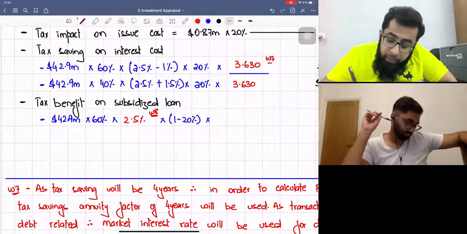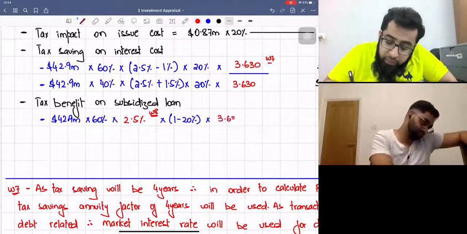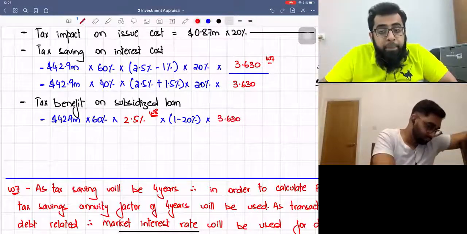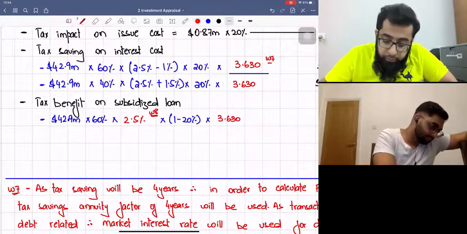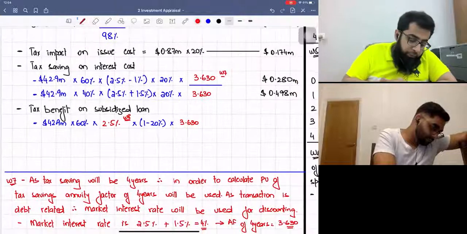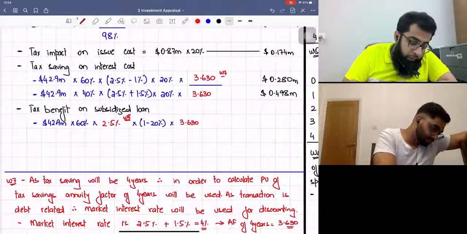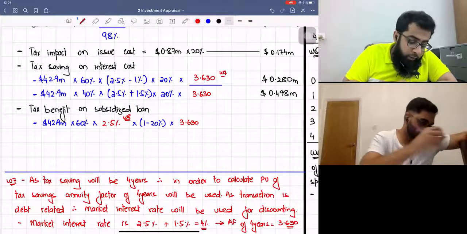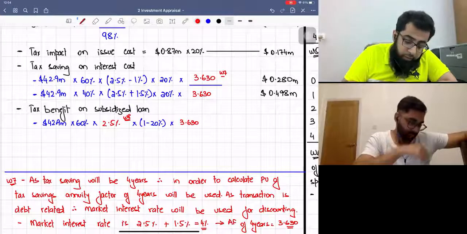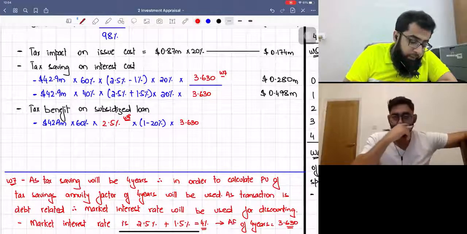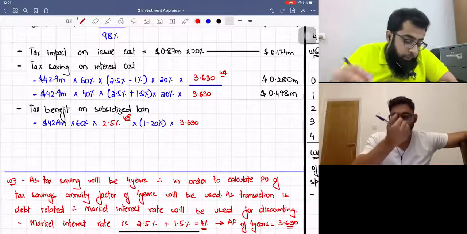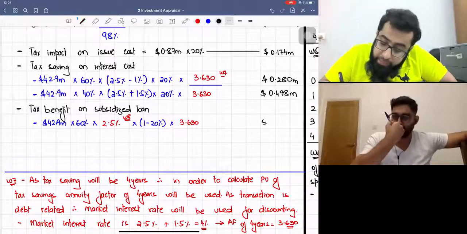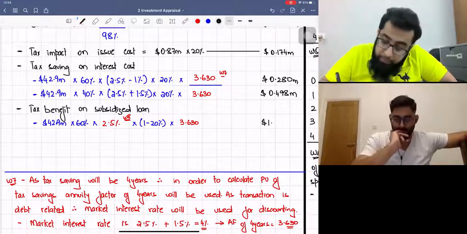And then multiplied by the annuity factor because it will be a saving every year. 42.9 into 0.6 into 0.025 into 0.8 into 3.630. So it will be $1.86 million.